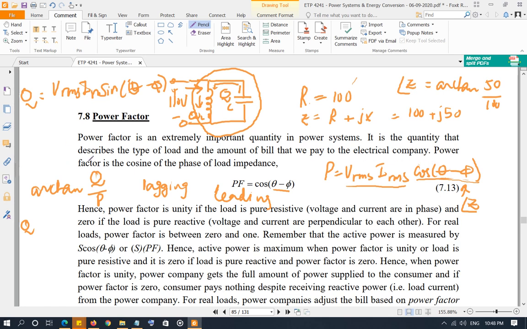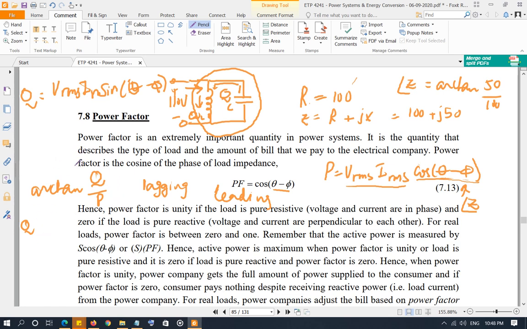So when you plug this here and plug this here, Vrms and Irms will cancel out each other. Both will be in the numerator and denominator, and you will have sine theta minus phi divided by cosine theta minus phi, which is what? Tangent theta minus phi. So arctan and tangent will cancel each other, and you will be left with theta minus phi.